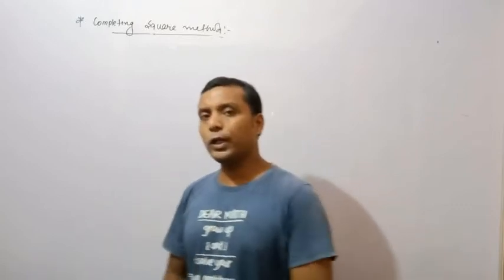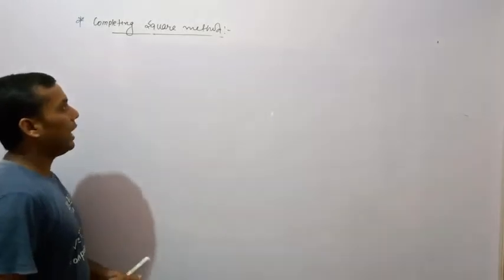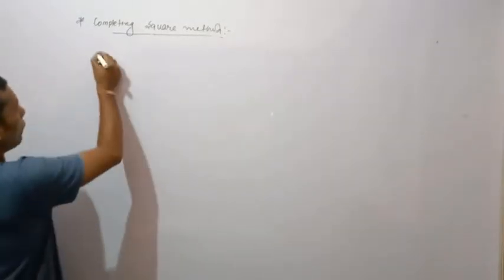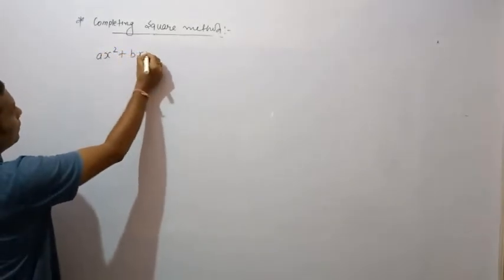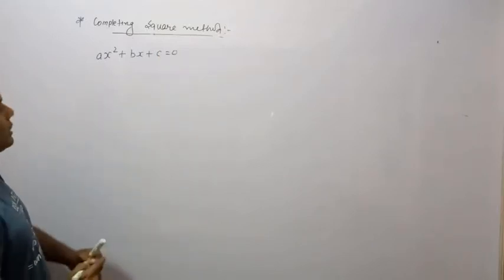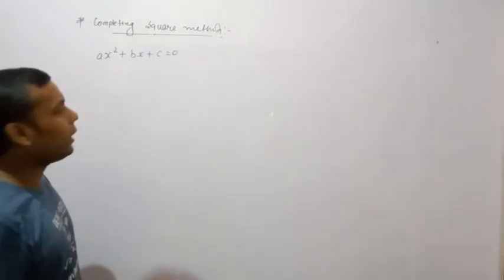Before going to that topic, students, let us recall the standard polynomial ax square plus bx plus c equal to 0. This equation is known as the standard equation of the quadratic formula.